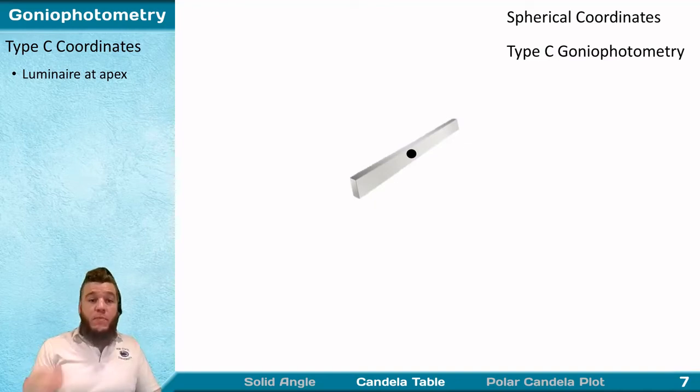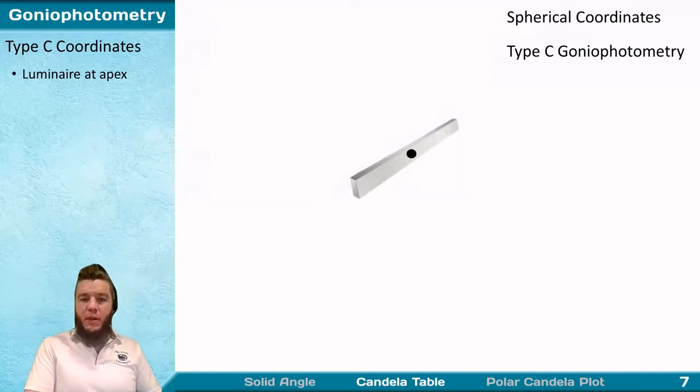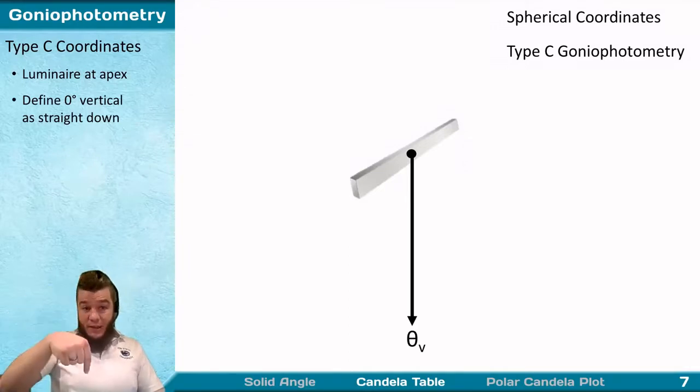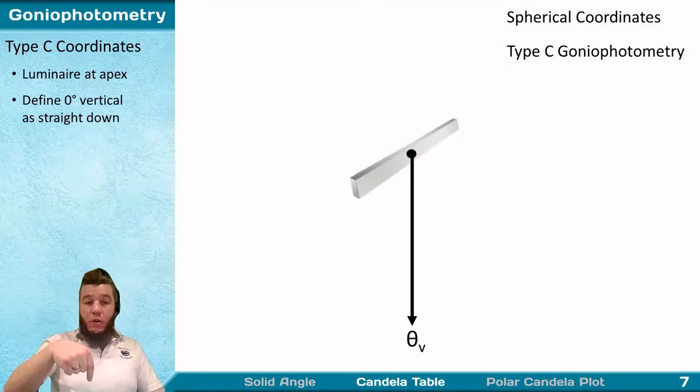So step 1, we're going to place the luminaire at the apex of our sphere. I'm going to leave the sphere off for just a moment here. Step 2, we're going to define zero vertical as straight down from the emitting face of the luminaire. So that's straight down is zero vertical for almost all types of luminaires.